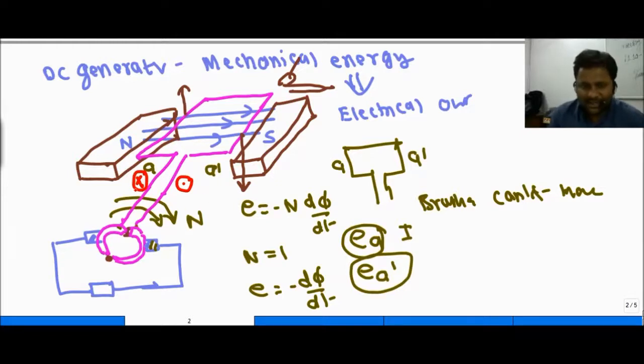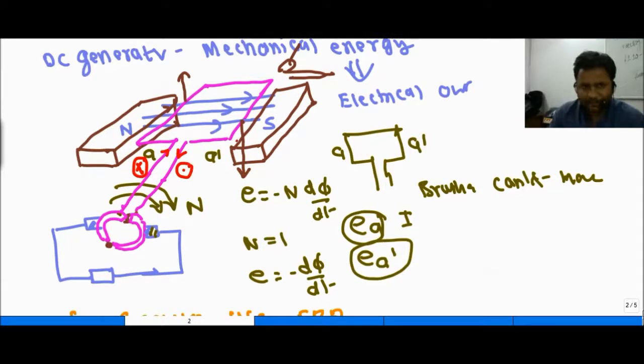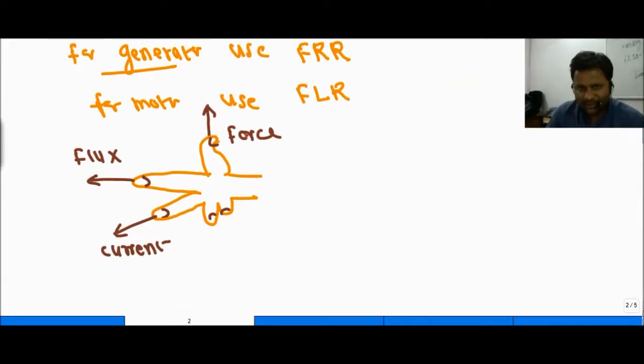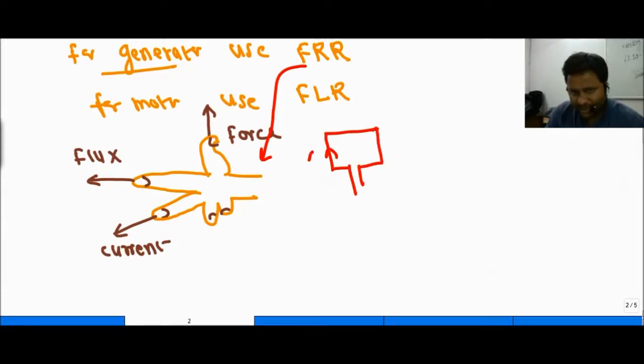If we use it, then we can easily calculate. So the current is entering in conductor A and leaving in conductor A dash. By using the thumb rule, or FRR, conductor A observes a cross and conductor A dash observes a dot, in the half cycle.